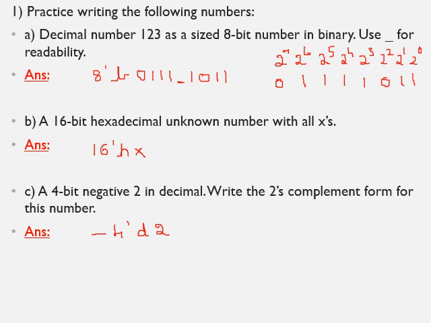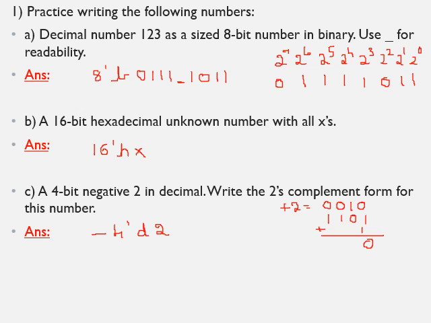That becomes invalid. Now to write the 2's complement of this number, first I will write the representation of 2 in binary. This is +2. To find -2, I need to find the 2's complement of this number. So first I will find the 1's complement, 1 1 0 1, plus 1 will give me the 2's complement.